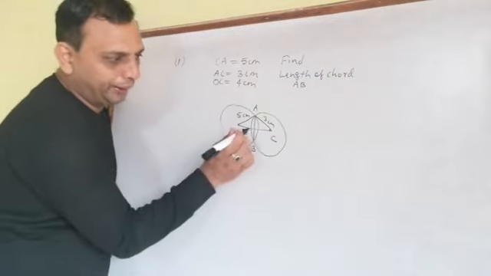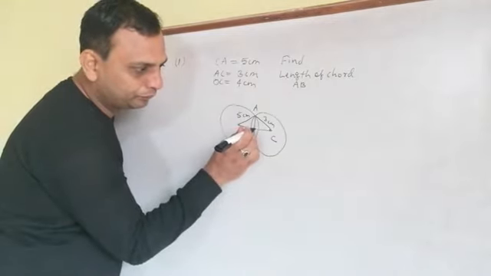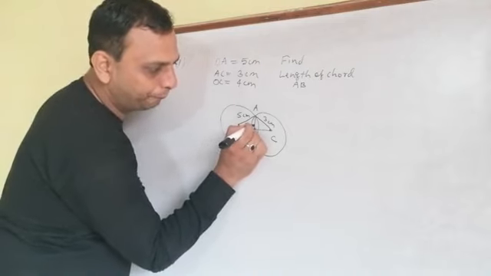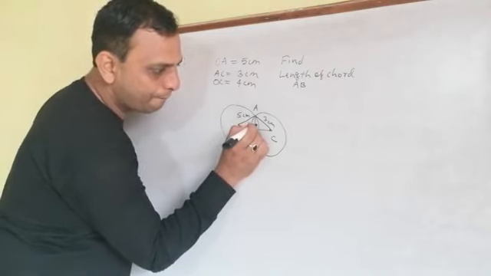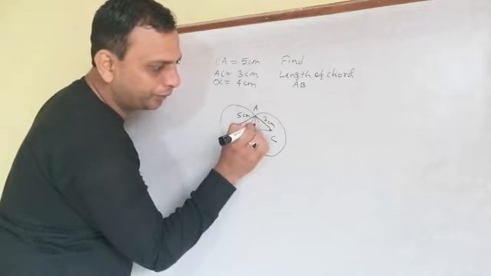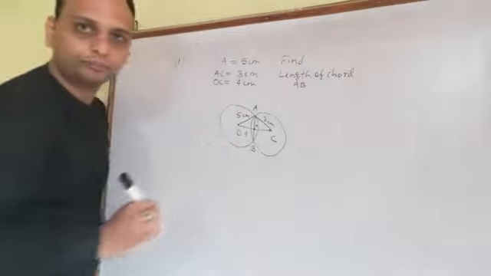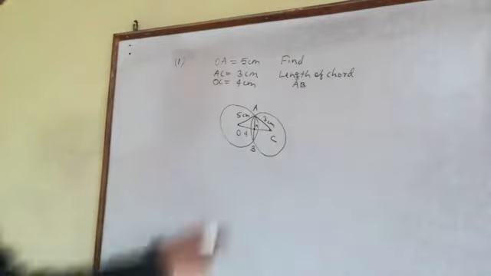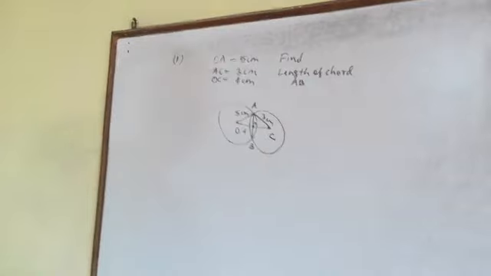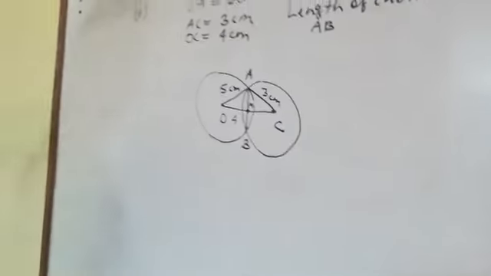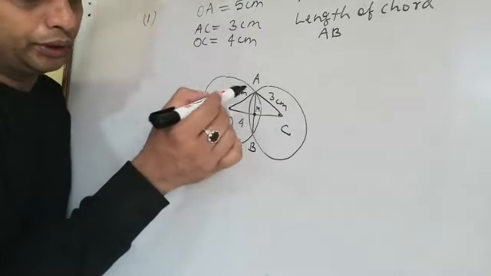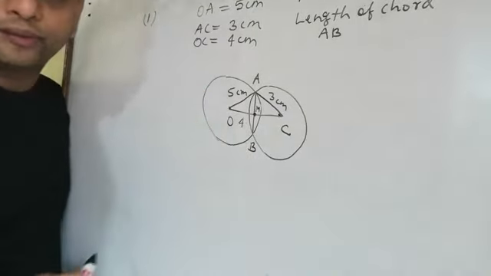So here we will take one point. This point we consider as M. Now what I am going to do: AOC is one triangle.